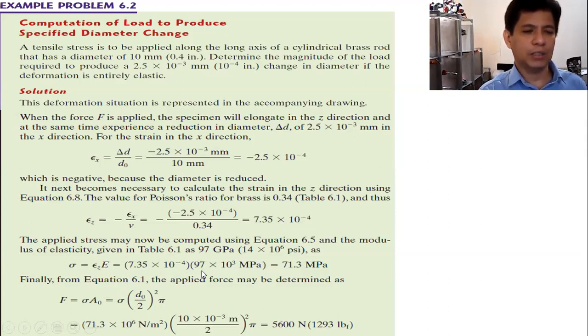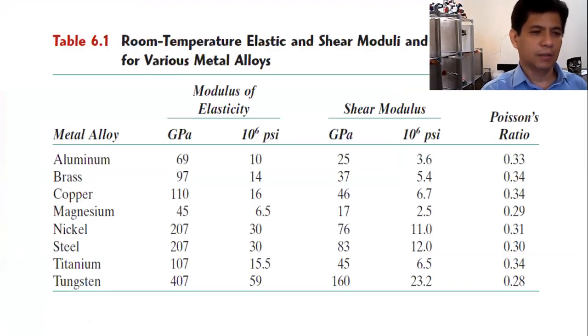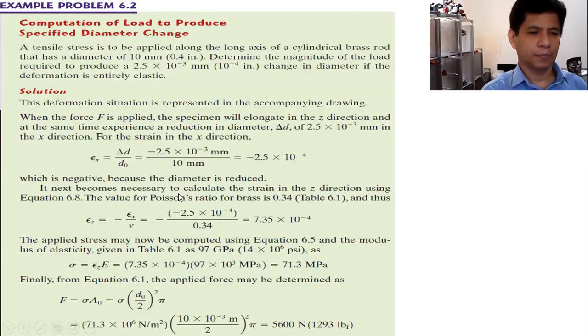The modulus of elasticity is 97 times 10 to the 3 megapascal; it is there for brass, 97 gigapascal. That is where it comes from, since megapascal times 1,000 gives gigapascal. So now we have the engineering stress, which is 71.3 megapascal.